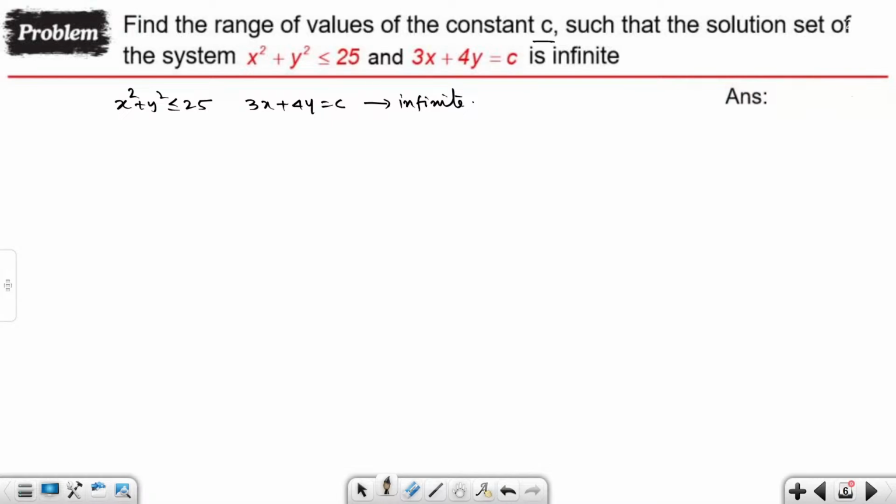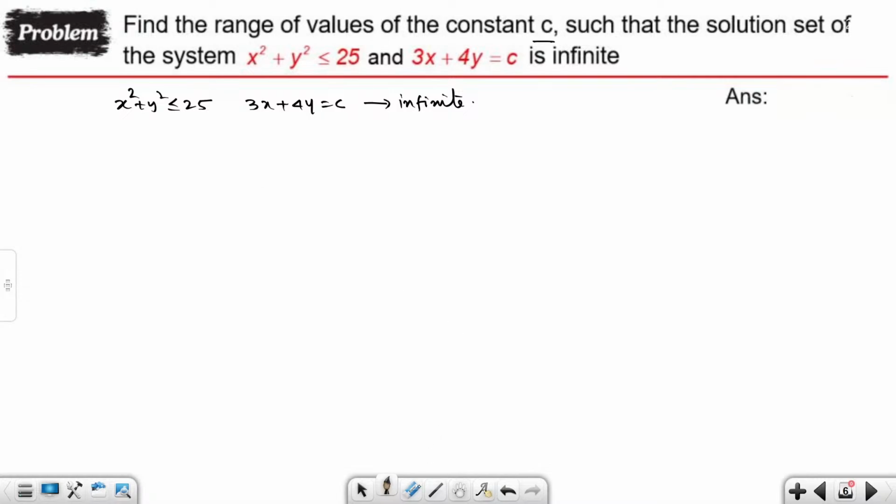What should be the values of c such that the solution set will have an infinite number of solutions? That's the question.